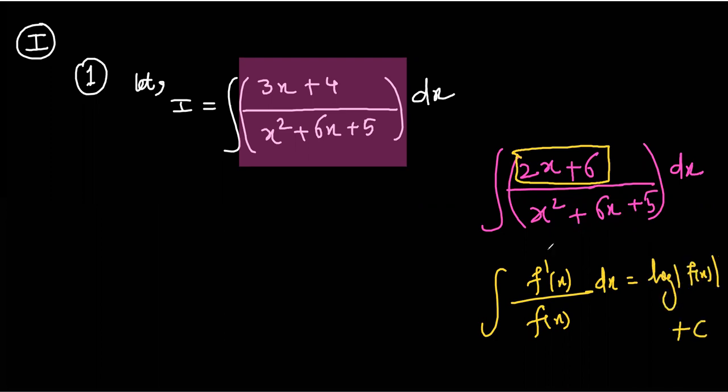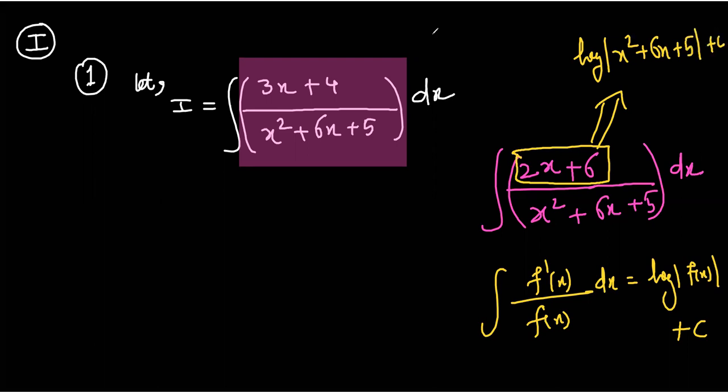So the answer will be log of mod of the denominator, x square plus 6x plus 5, plus c, and the integration is over.